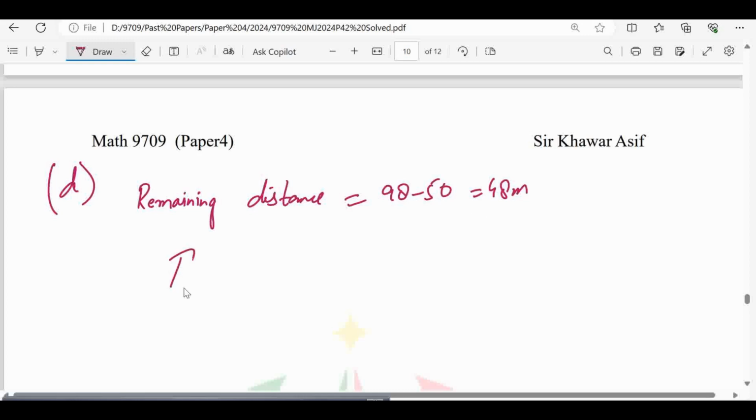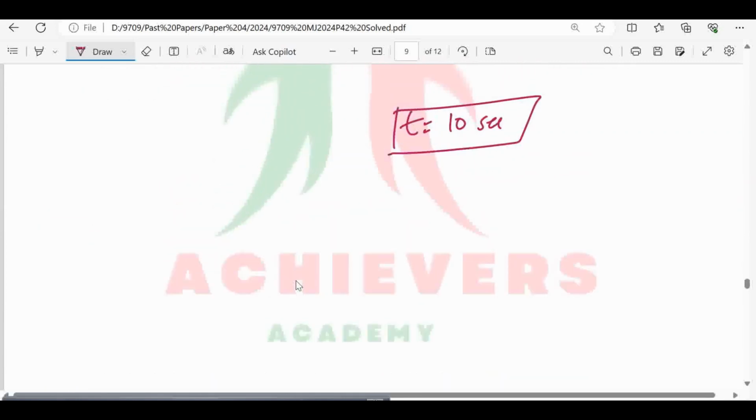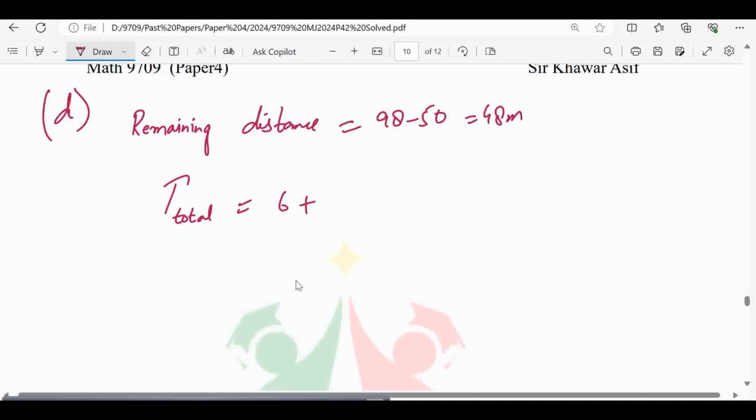So the total time will be equal to 6 plus, previously it was 10, so 6 plus 10 plus 48 by VE, and we know the value of VE.